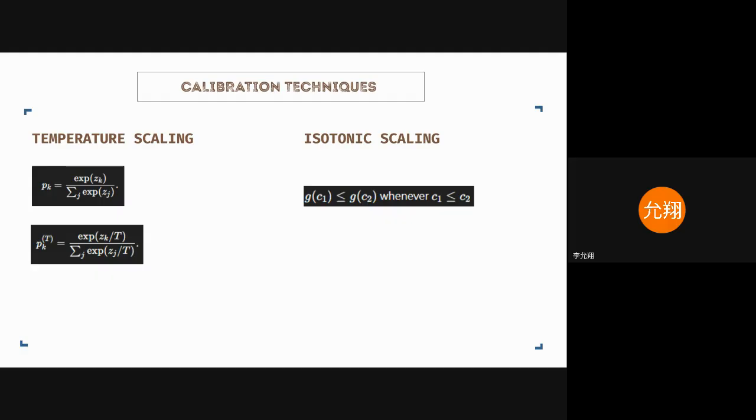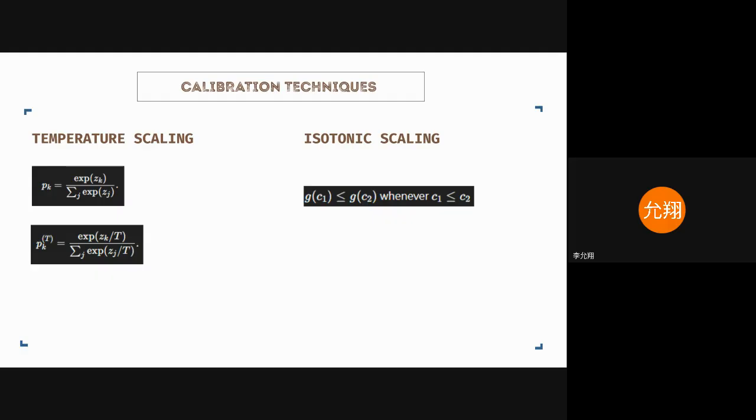If T is less than 1, the distribution becomes sharper and more confident. In my code implementation, I estimate T using the validation set, and the model weights are fixed, only the scalar T is optimized. The optimization objective is validation log loss, and the fitted T is then applied to the test logits to obtain calibrated probabilities.